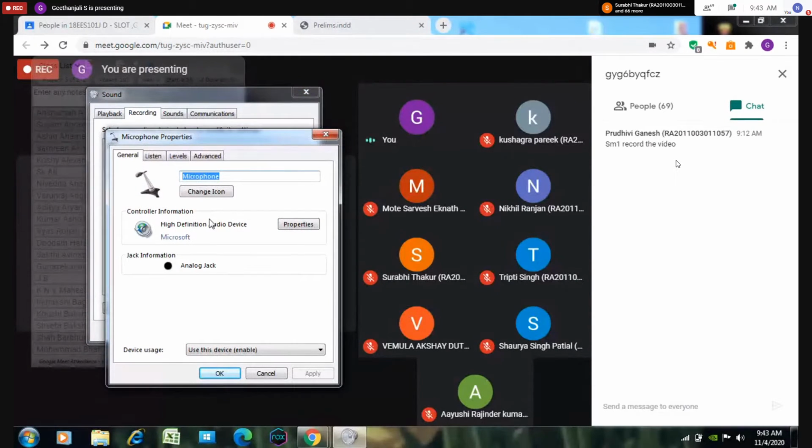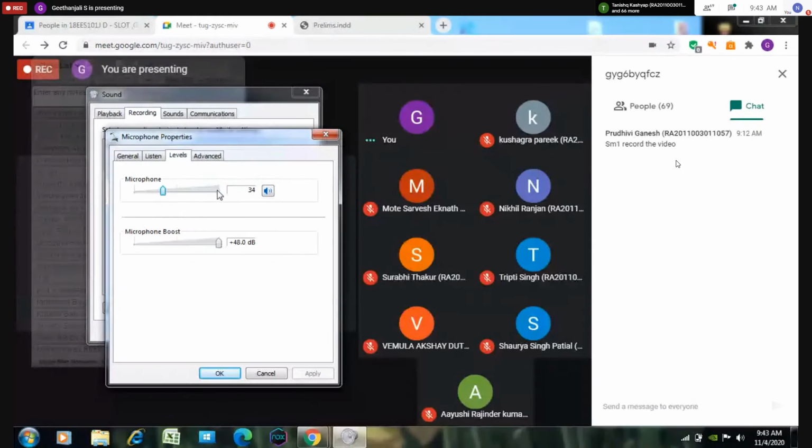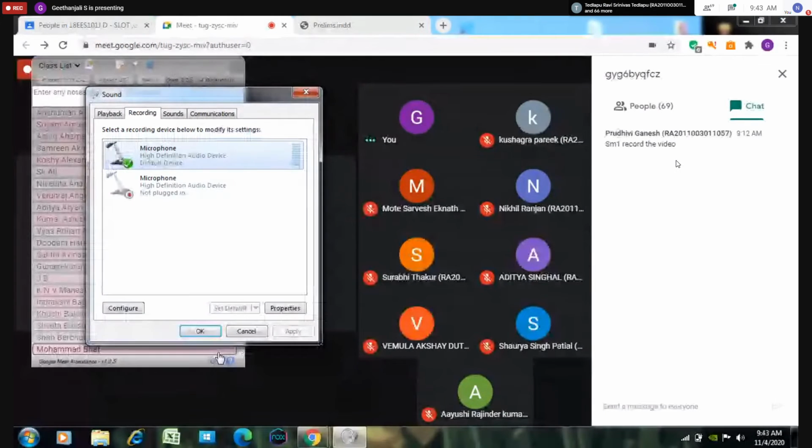You secure microphone levels here. This is only to reduce the background noise. That's all. Everyone just noise.